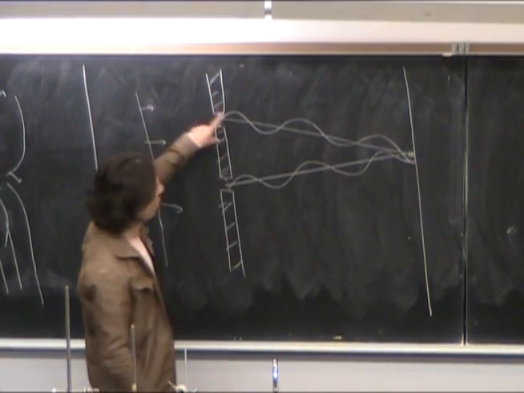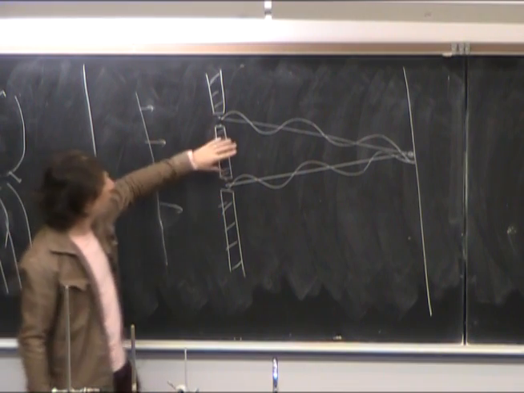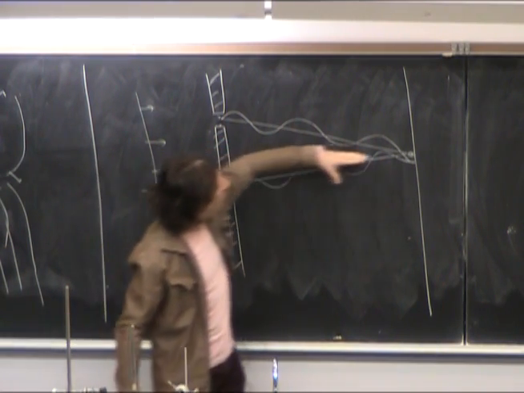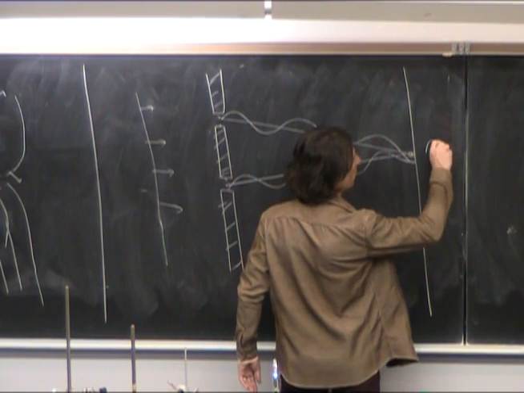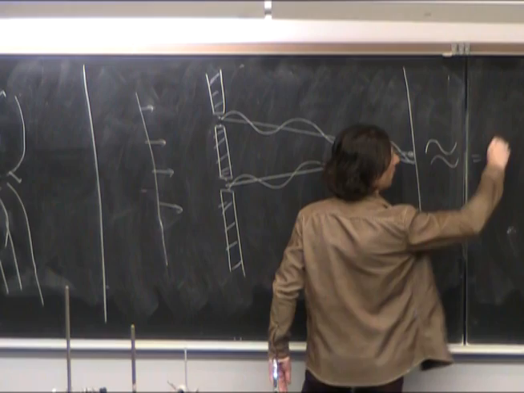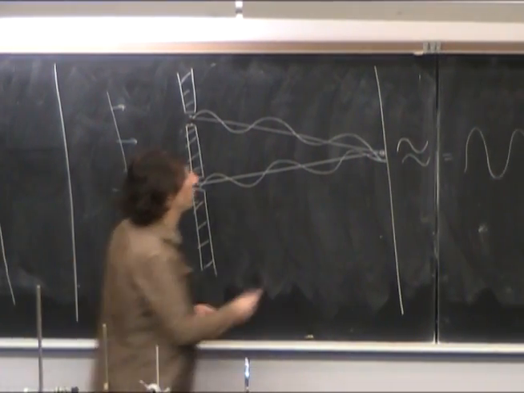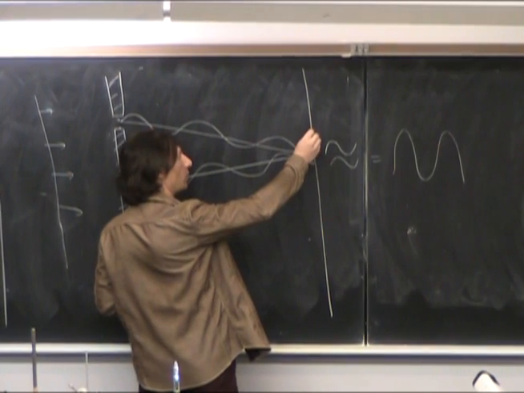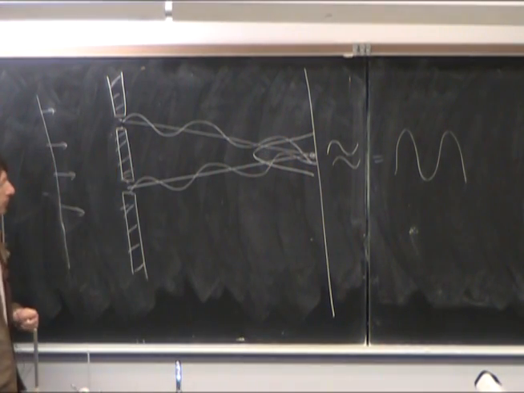Why? Because they travel the same distances. So in the spot right in the middle, these two waves add up constructively, and that results in a stronger wave. So if I am recording the amount of light that I receive here, I'll have a maximum.